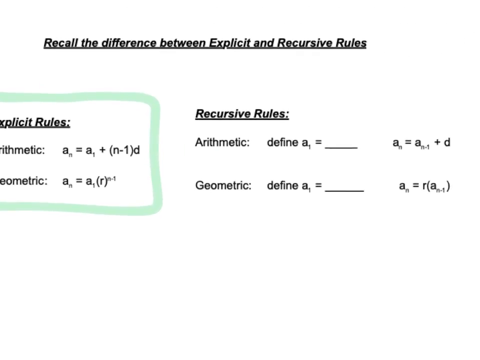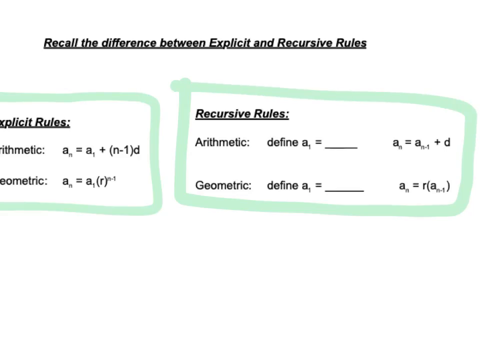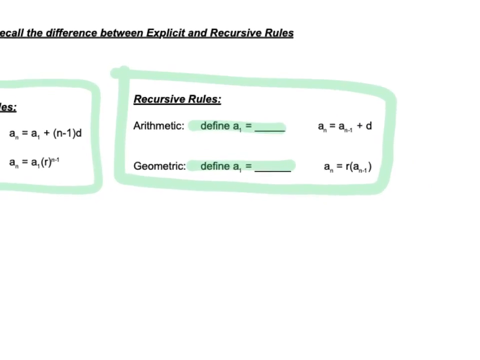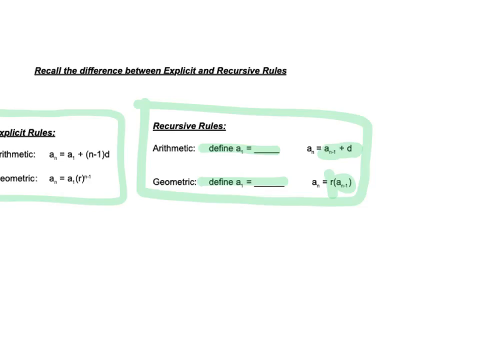Now we've introduced a recursive rule where you have to define your first term for both of them, and then you're just looking at a term previous. If it's arithmetic, you're adding your common difference, and if you have a geometric, you have your previous term and you are multiplying by your common ratio.